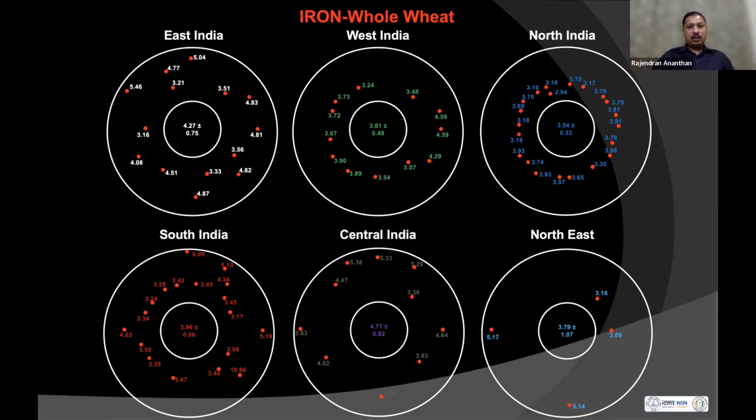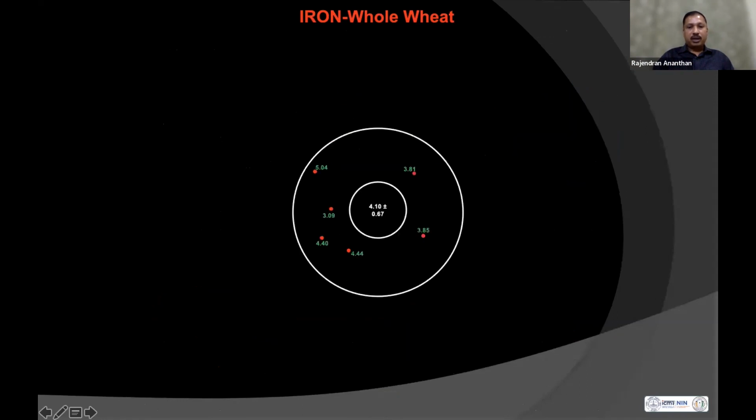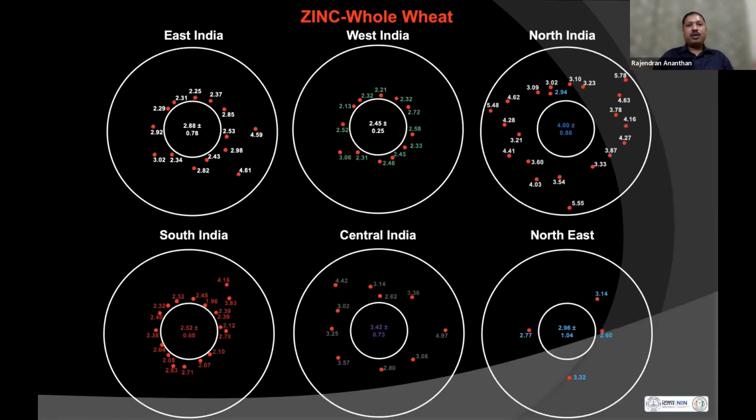That's the reason we have pooled everything into a single sample in each respective region. When we analyze there, you can see the range is very small, and the error is also reduced. Similarly, if you look at the zinc data, it starts from 2 to 4.6, and sometimes 5.6.